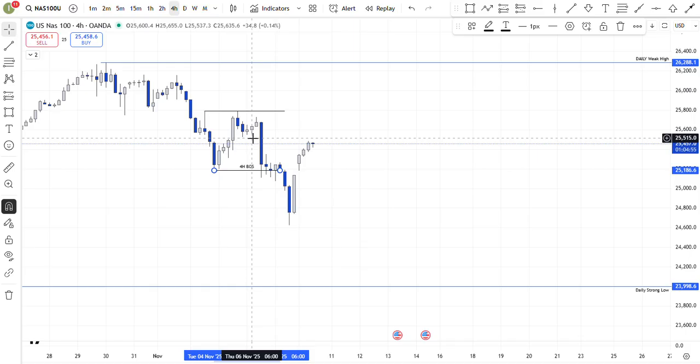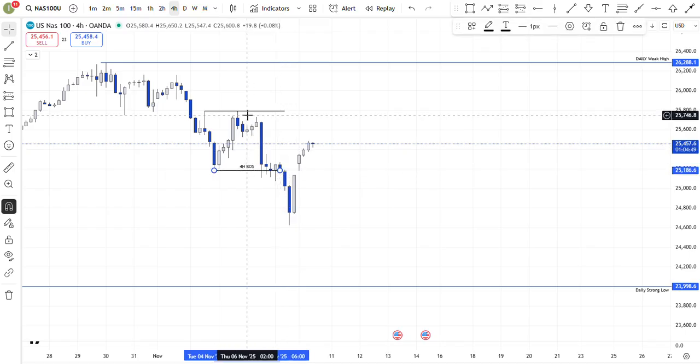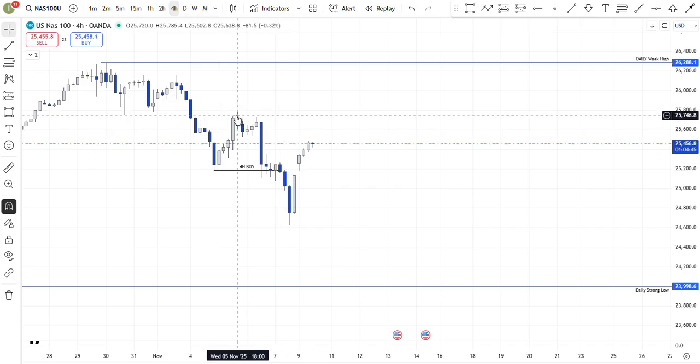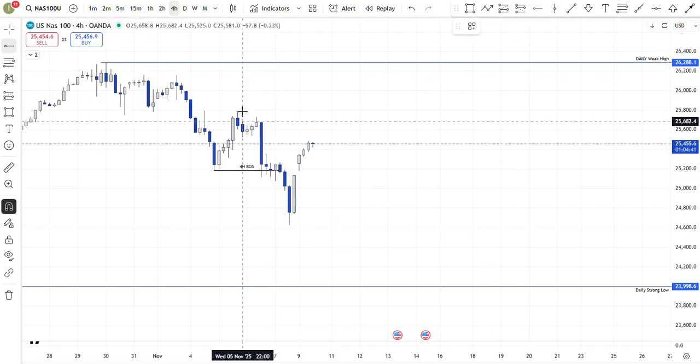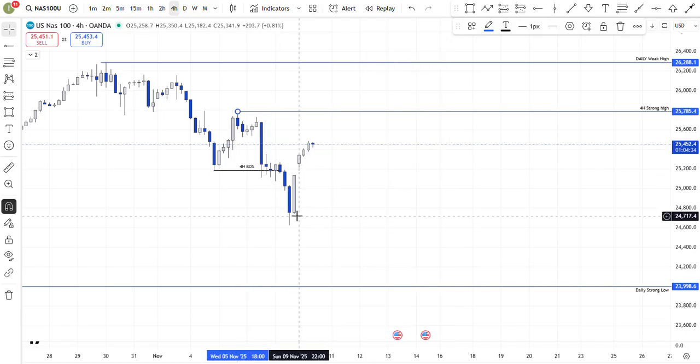So we came down, our close was until here, so this is again a little bit of a tricky one. But in this case, because this is the high that was the catalyst for this break all the way down, I would mark this off as my 4 hour strong high, because this did its job all the way down.